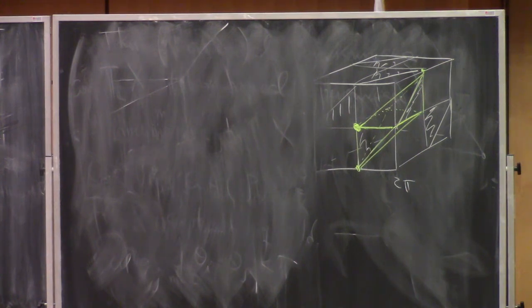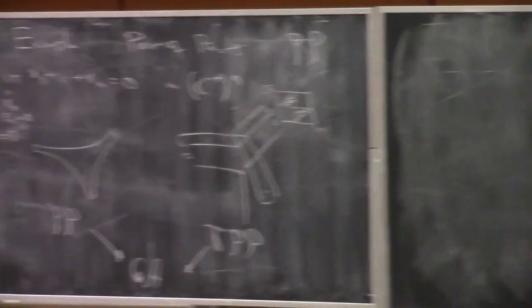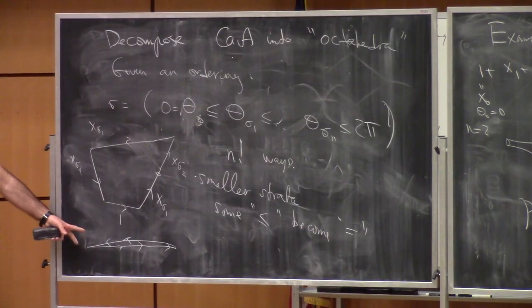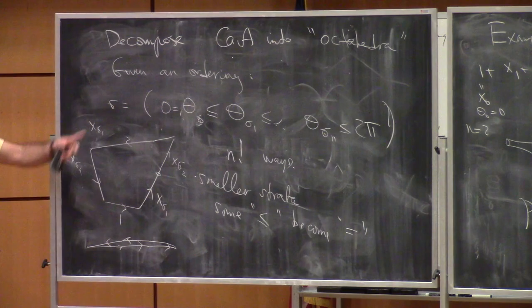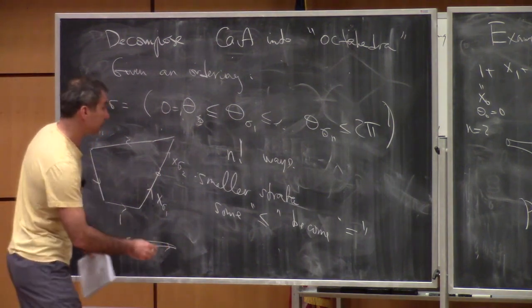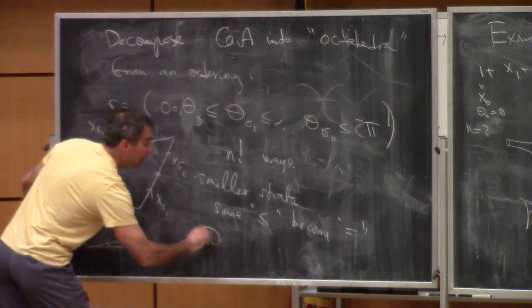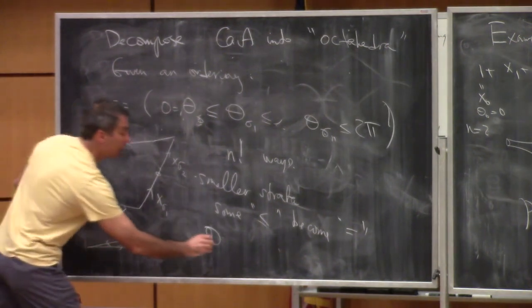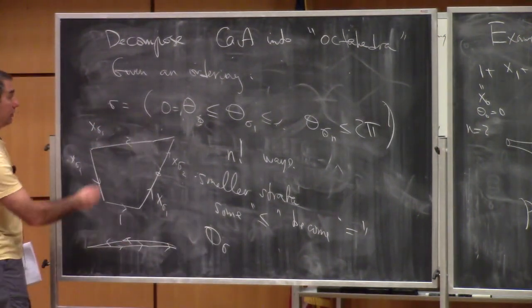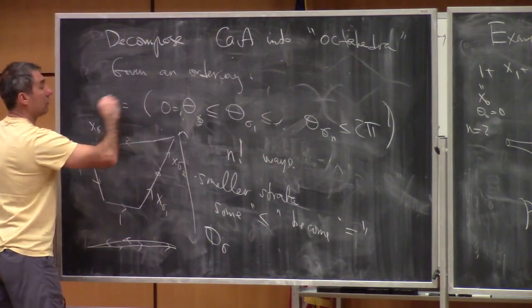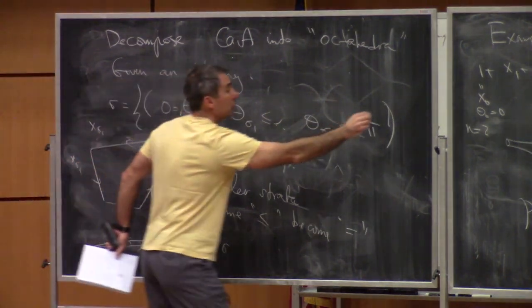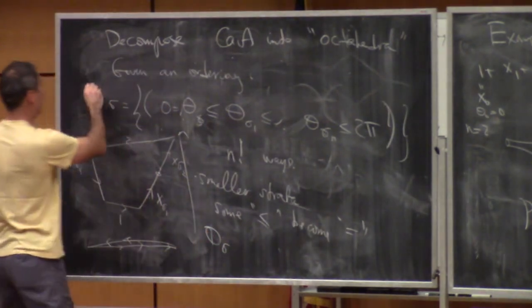You have a bunch of arrows, and then you have a bunch of arrows left. So in other words, the pullbacks of the vertices are the real locus of this. Let me call them phi sigma.